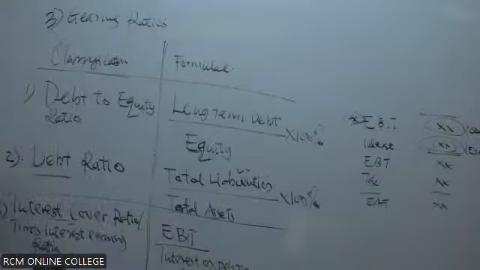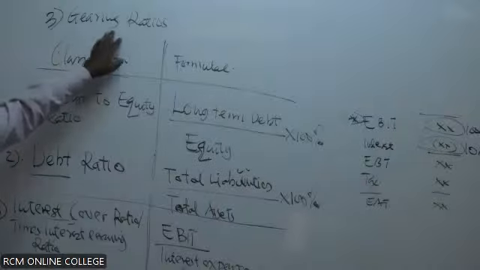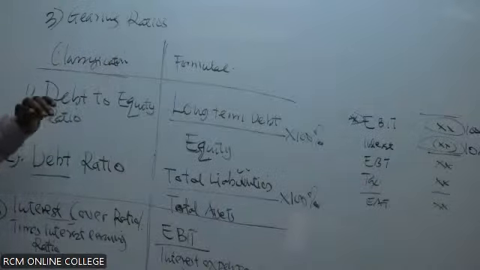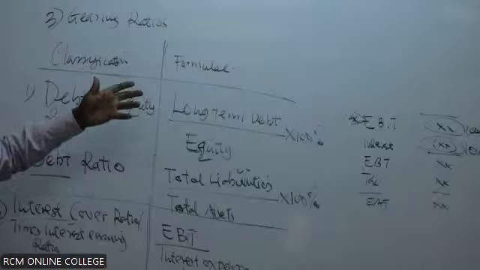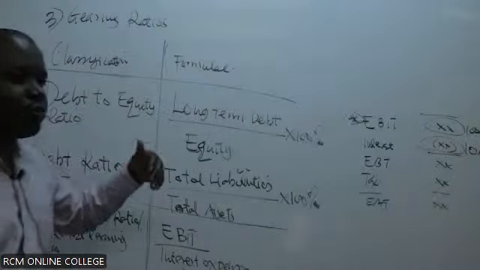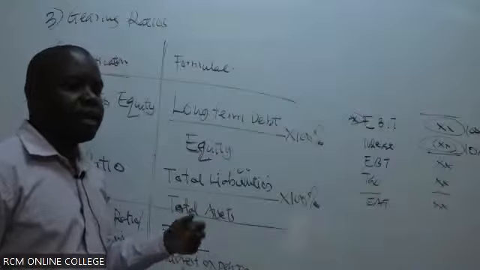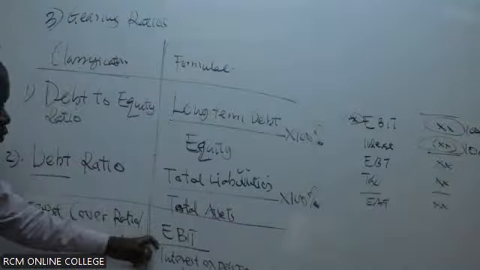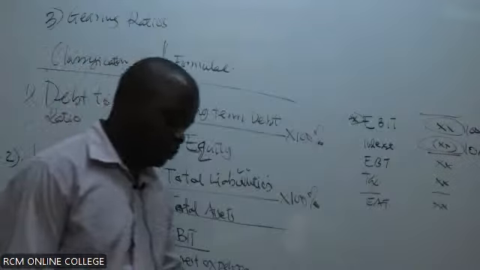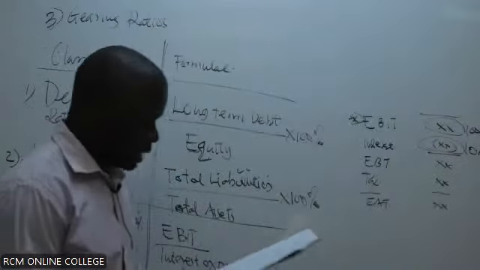Because when you borrow, I told you gearing is all about borrowing. So we are talking about to what extent you have been able to borrow, and how you are affected by having borrowed or financed your business activities as a company through borrowing. So that is why we compute that ratio.